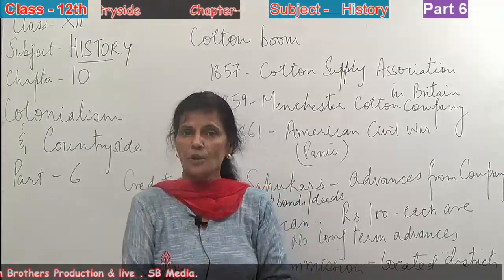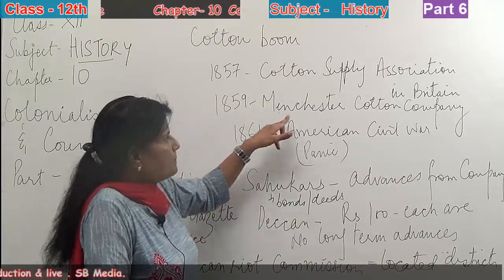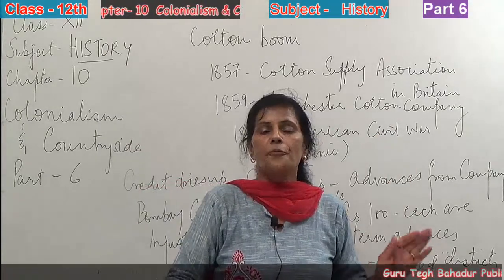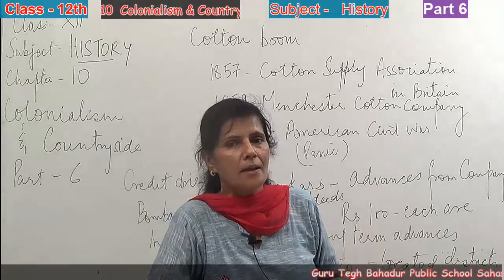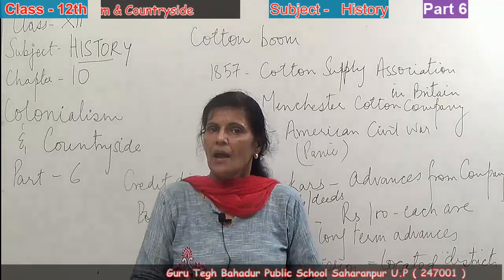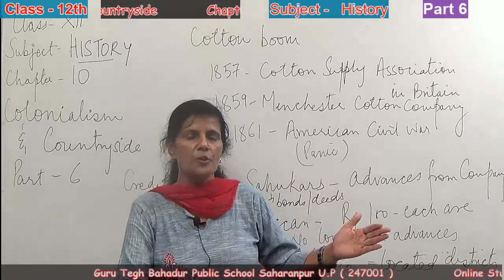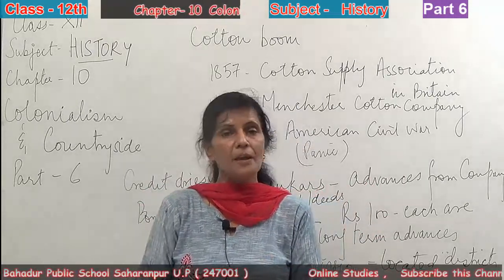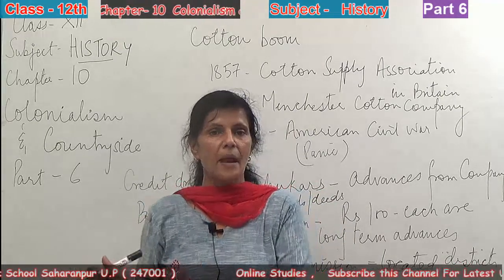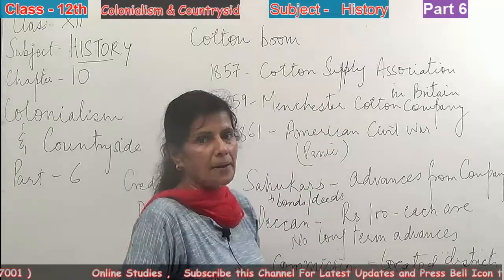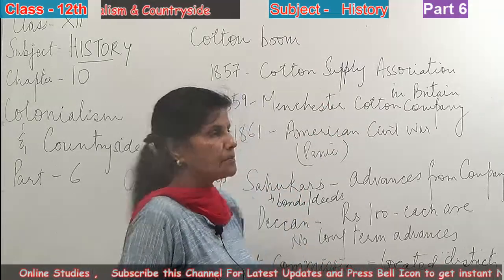So in 1859, the Manchester Cotton Company came up, and the supply of British cotton textile became very critical in India. After some time you will see in the coming chapters that khadi being very costly, people left buying that and began to buy the textile that was sent by the British government in India.